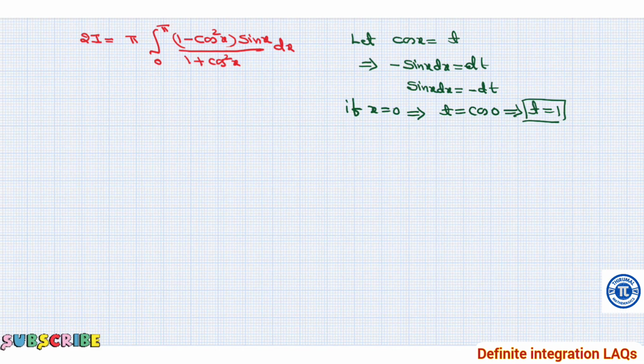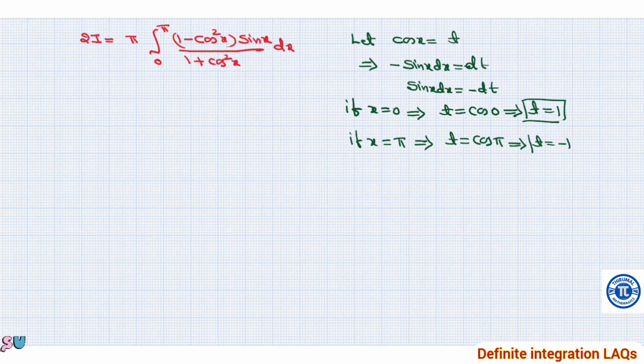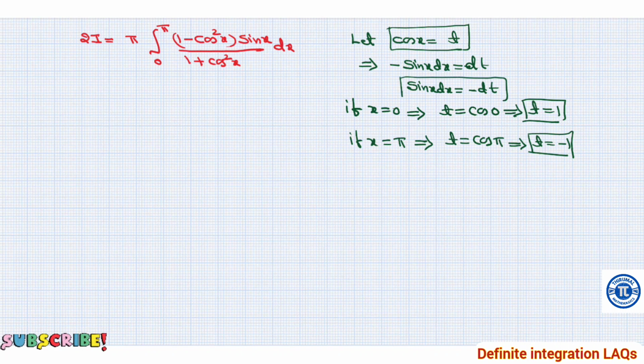If the upper limit of x is equal to pi, then the t value is cos pi, which implies t equals minus 1. So cos x equal to t and sin x dx equal to minus dt, and the upper and lower limits are both substituted in the above integration.